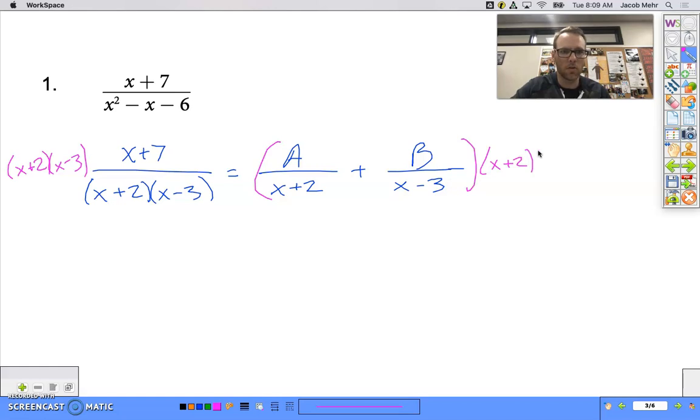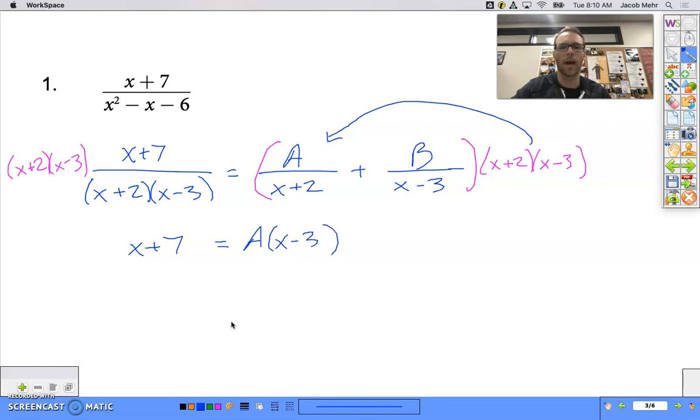on both sides. Now, on the left side of our equal sign, that just gives us x plus 7. On the right side, we need to distribute. So we're going to have A over x plus 2 times x plus 2, x minus 3. Now notice the x plus 2's will cancel when we distribute, leaving us with A times x minus 3.